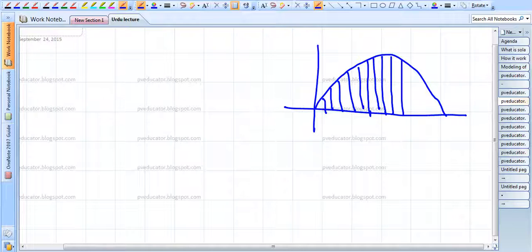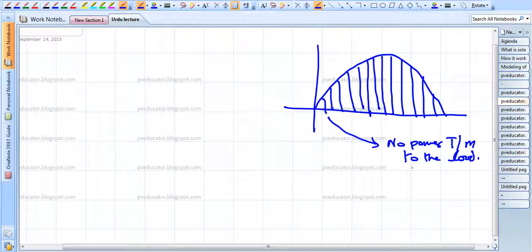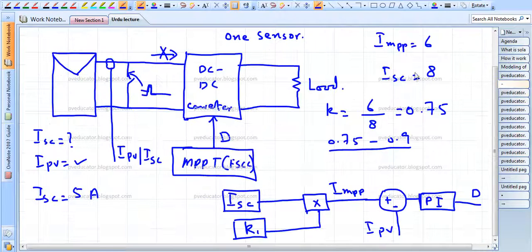This shows that for every 10 minutes there is a power loss, because at these instants no power is transmitted to the load. You short circuit the photovoltaic module, and at that instant no power is going outside. So this is actually a power loss.